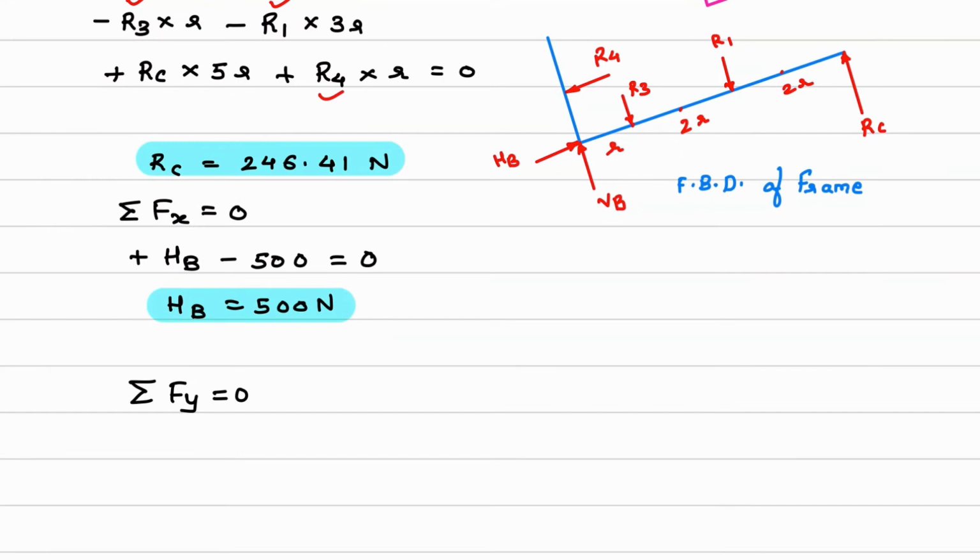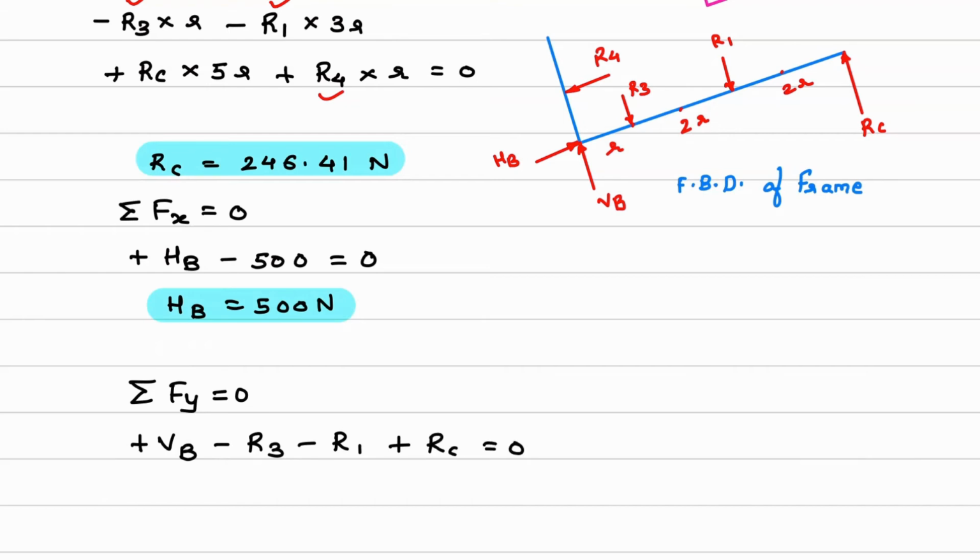So we will consider plus VB. This will be plus VB, then minus R3 minus R1 plus RC equal to 0.